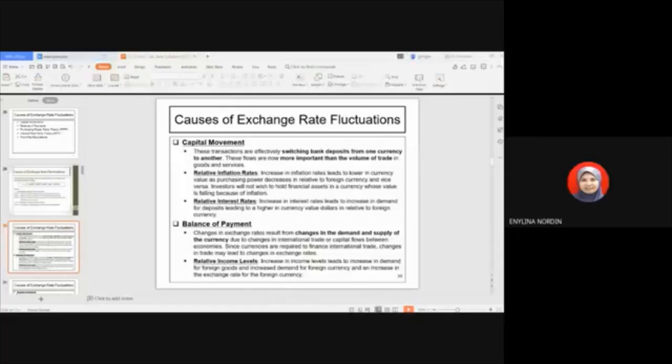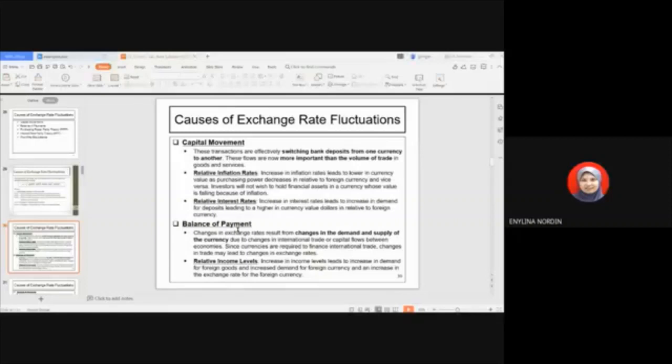When does a deficit in the current account occur? This is when the spending on import is more than export. Vice versa, the current account can be in surplus, where export is more than import.